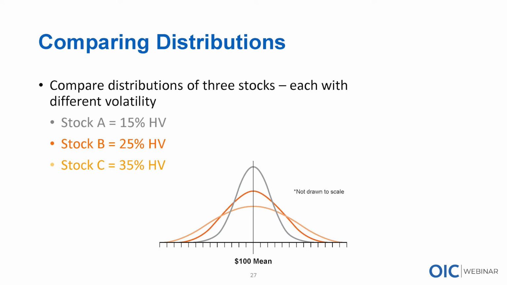The implied volatility might be a lot higher for stock A, even though its historical vol has been lower in the past. So that's something to keep in mind: the difference between historical volatility, backward looking, and implied volatility, forward looking.